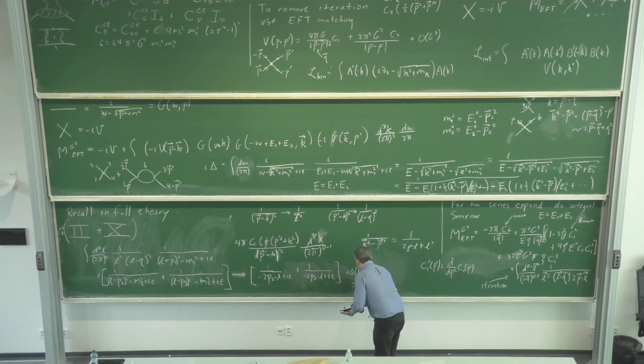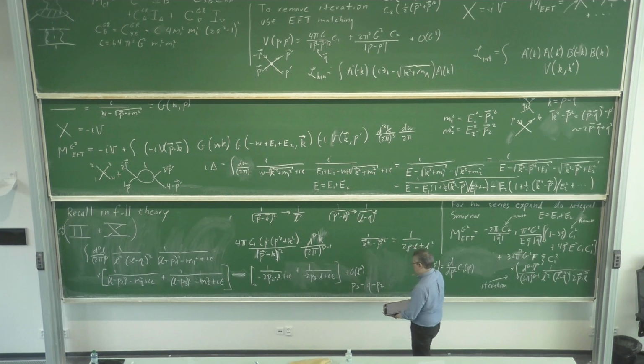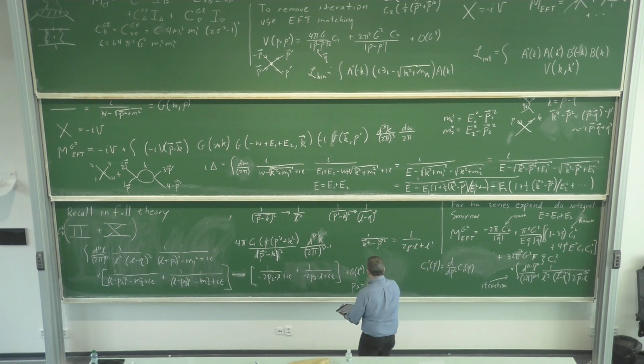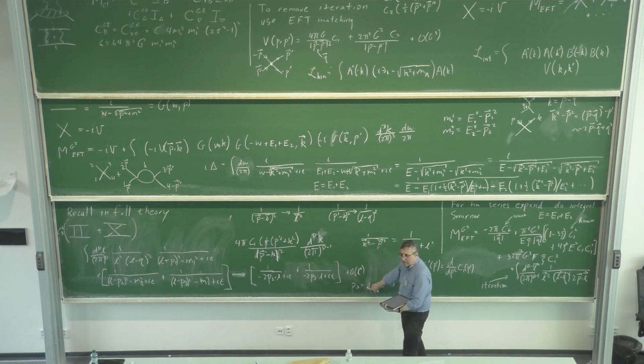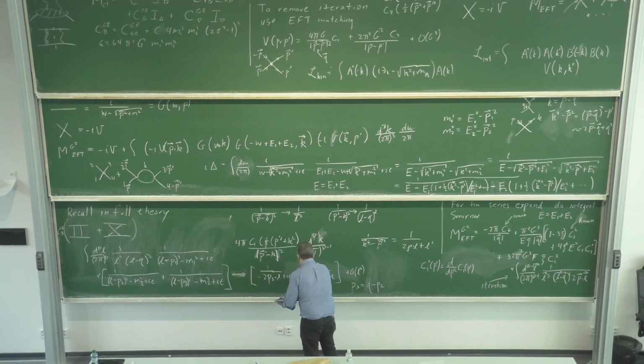Now let's look at that, and we notice that P3 is equal to Q minus P2. So I can replace P3 with minus P2. The Q is higher order in the expansion, so I throw it away. So this thing flips the sign.